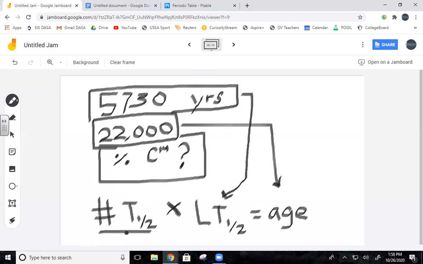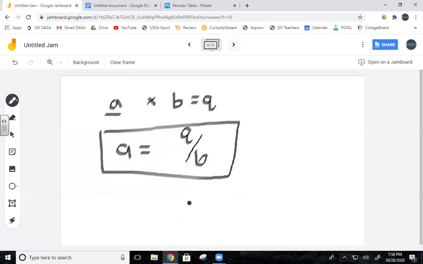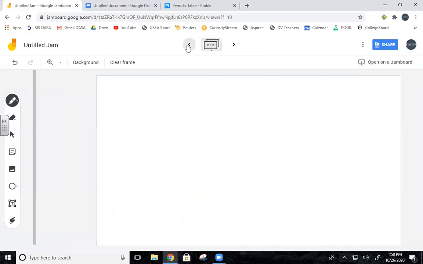How do I solve for this given these two? Come on, guys. Eli? Divide age by the length. Yeah! So you divide the age by the length of the half-life.